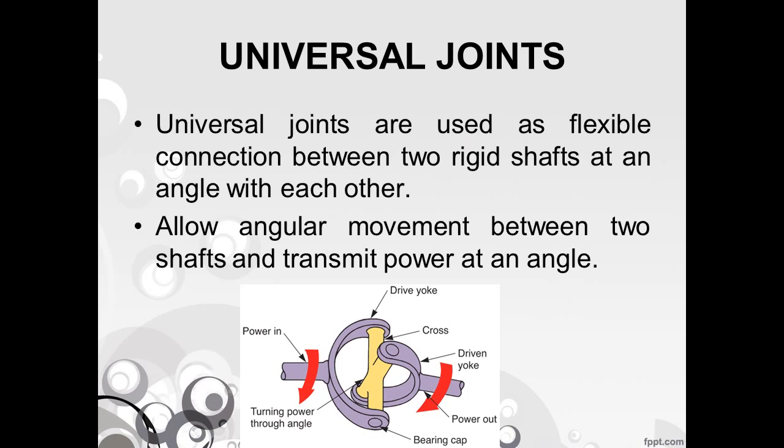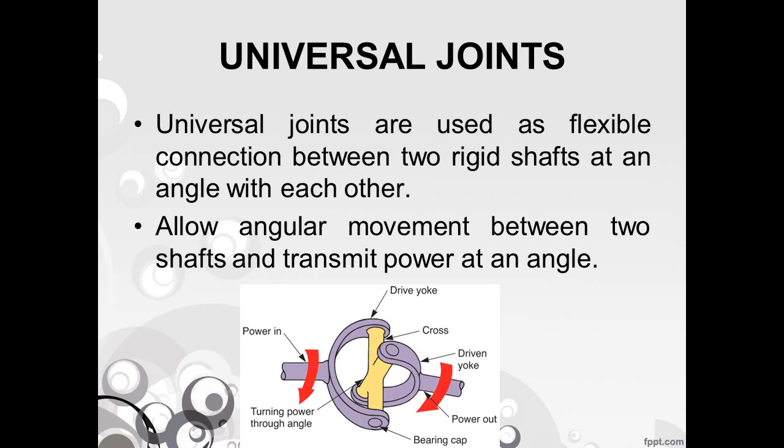This spider consists of four arms, two of which are supported with input power shaft. Another two are supported in the yoke of output power shaft. As the input power drives the spider, it causes the rotation of the output shaft through the arms of cross.